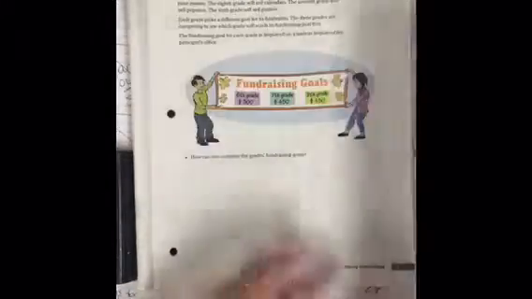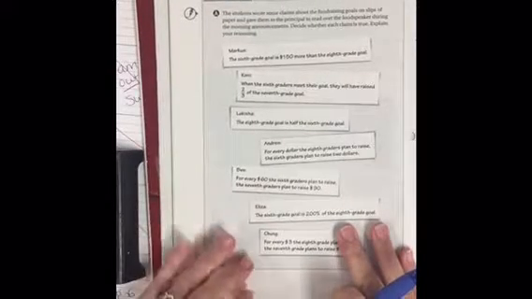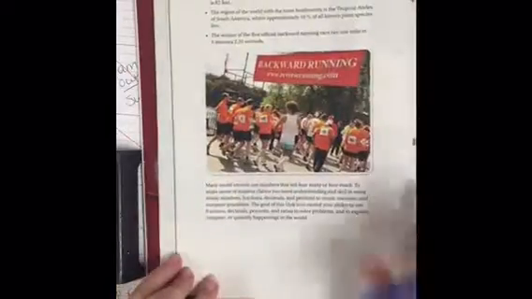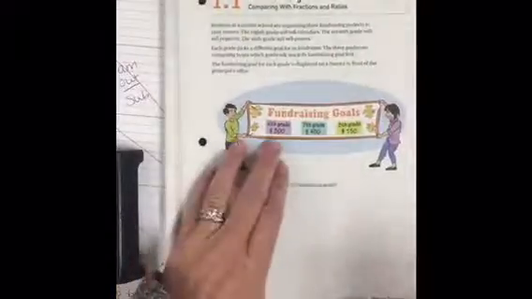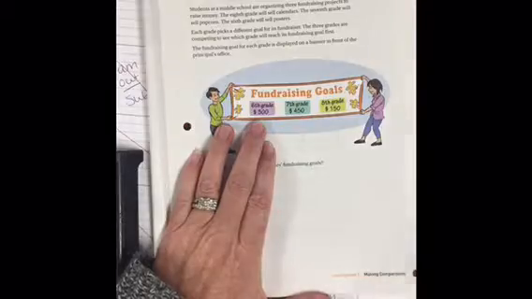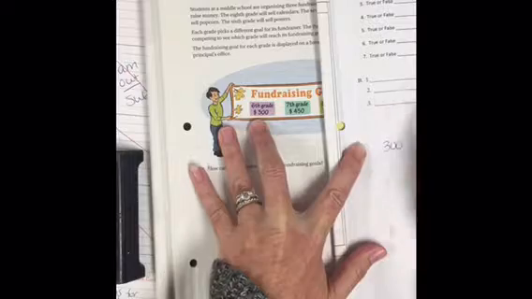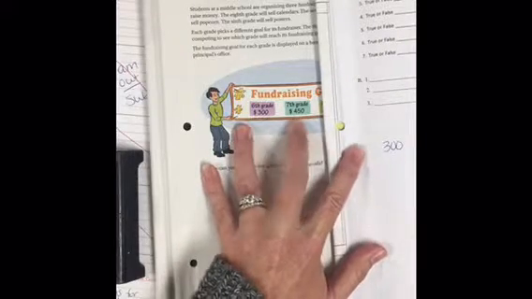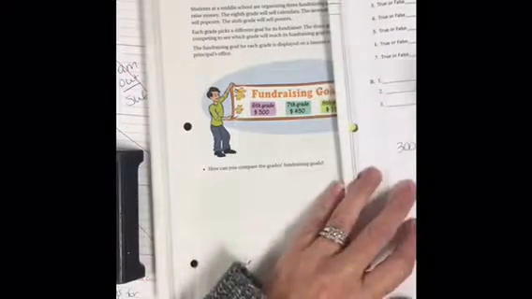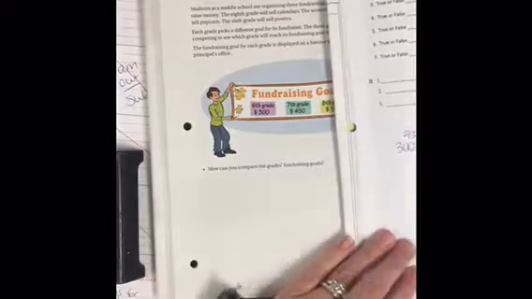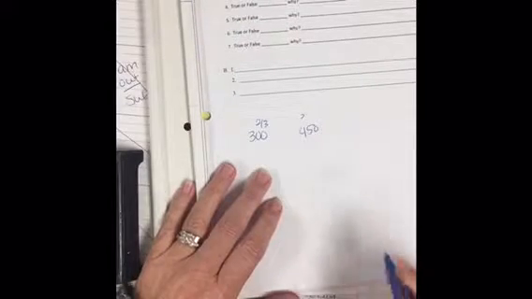Okay. Number 2. Kimmy says, when the 6th graders meet their goal, they will have raised 2/3 of the 7th grade's goal. So we have 6th grade trying to reach 300, and it's saying that 300 is 2/3 of 450, and the 7th grade's goal is 450. So is this 2/3 of this is the question, and my answer is going to be true.